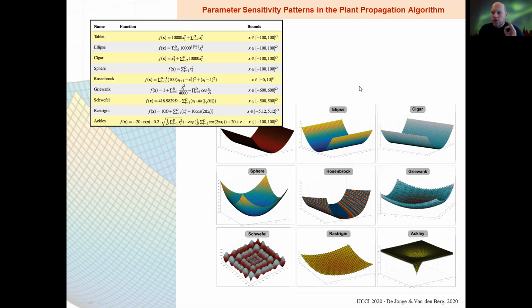But what we took care of is that all the global minima, as this is a minimization problem, finding the lowest cost value, if you like, are put at 0. Many of these already have their global minimum at 0, but the Schwefel function had to be translated. So 0 is the ultimate target in these fitness landscapes for the plant propagation algorithm.